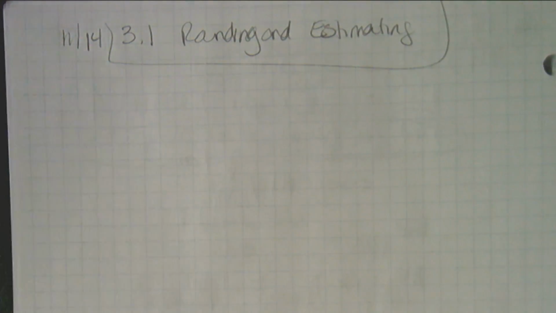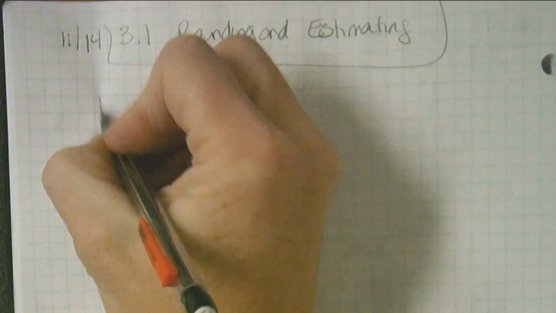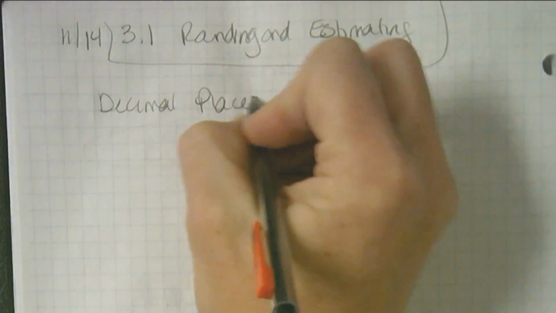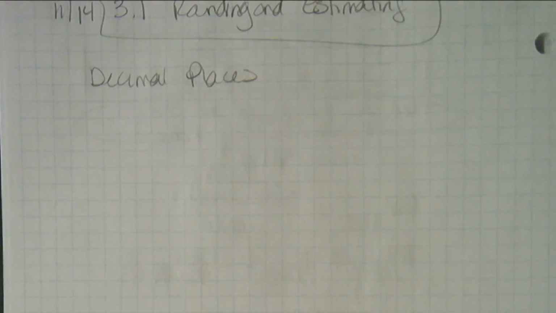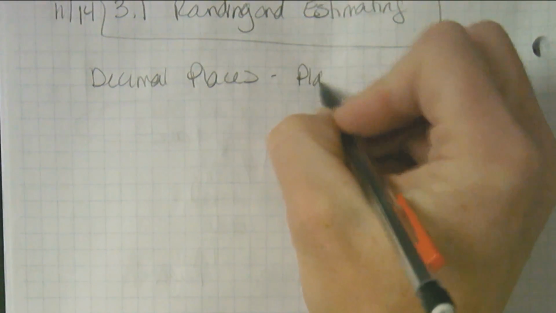All right, so the first thing I want to talk about is rounding. Well, first of all, we need to talk about decimal places. Okay, so I want you guys to write this number. Give yourself some room, the decimal places and place values.